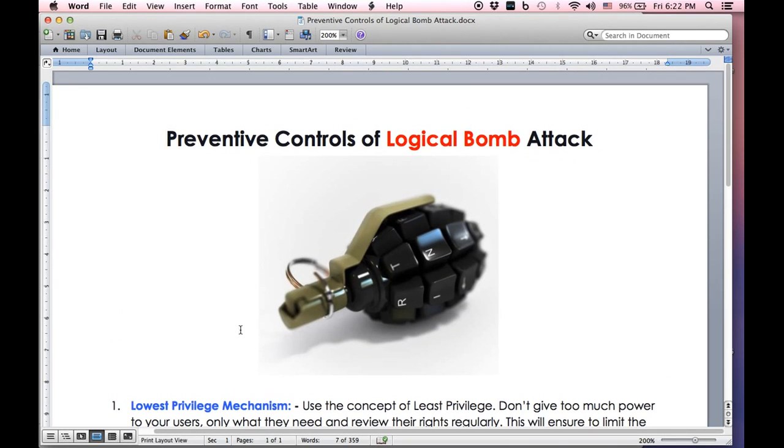So the logic bomb attack most likely happens during a tense situation, or we can say an internal conflict between the IT staff and supervisor or manager.